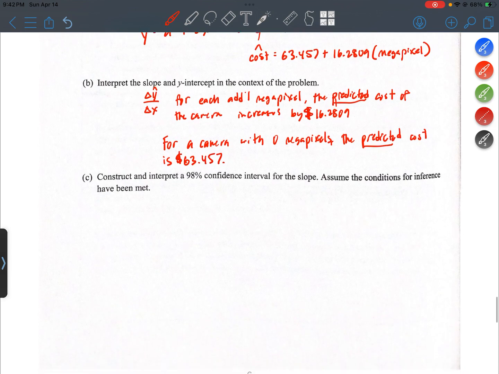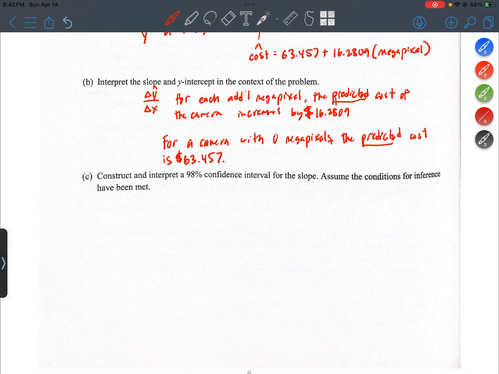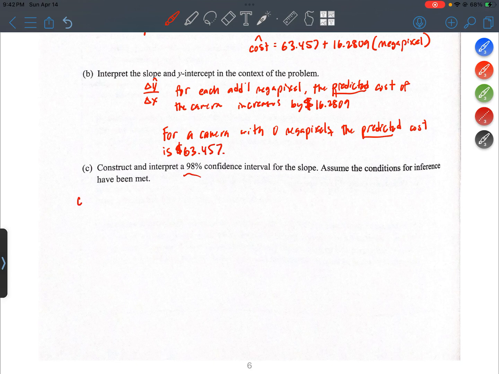Okay, part C, construct and interpret a 98% confidence interval for the slope. Assume the conditions for inference have been met. So this is our 4-step problem. We're going to choose the procedure. This is a t interval for slope.